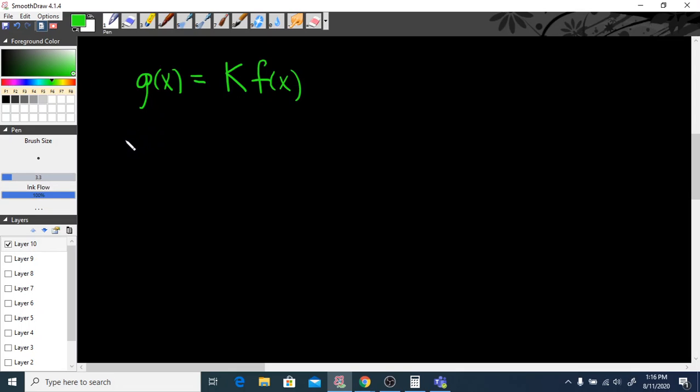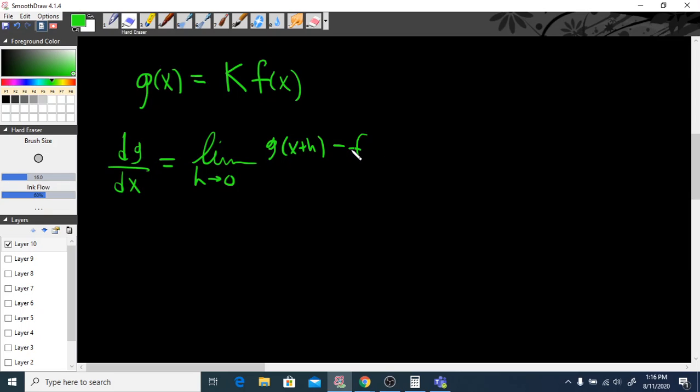And so, if we want dg dx, we want the derivative of g, that's going to be the limit as h approaches 0 of g at x plus h minus g at x over h. Okay? And g at x is given. G at x plus h we can easily find is going to be k times f at x plus h.